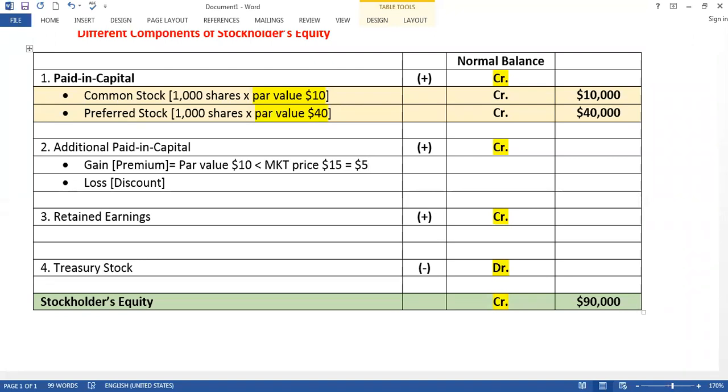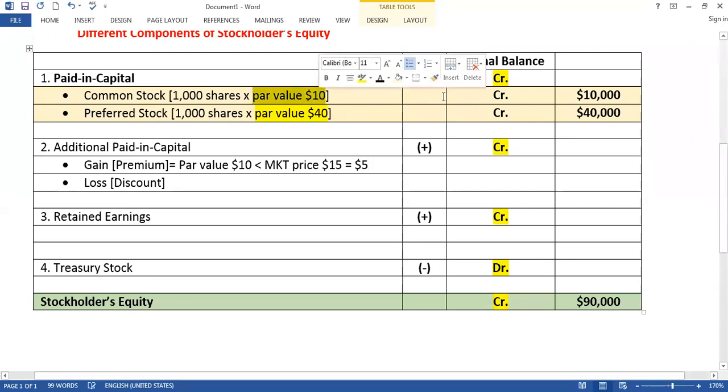But you receive $15 from the market. So $10 you already recorded as common stock, right? But you receive an additional $5. So this additional $5 is called additional paid-in capital. Okay. So if you sell 1,000 shares, you receive $5 more on each. Something like this.